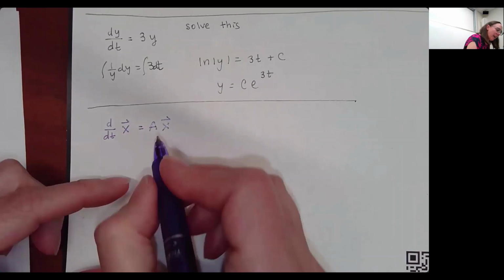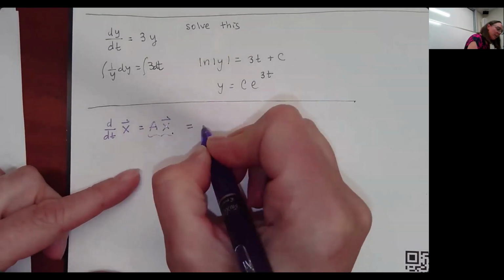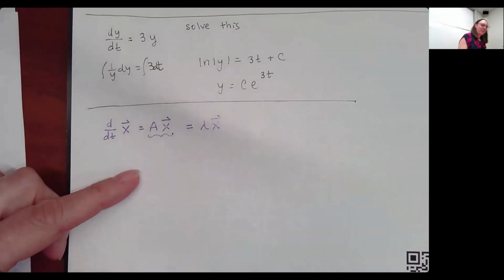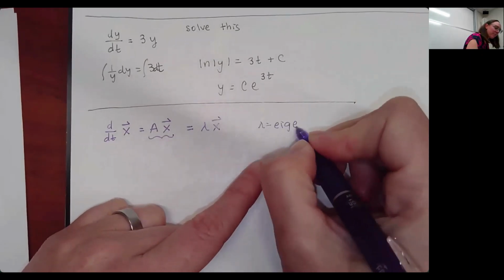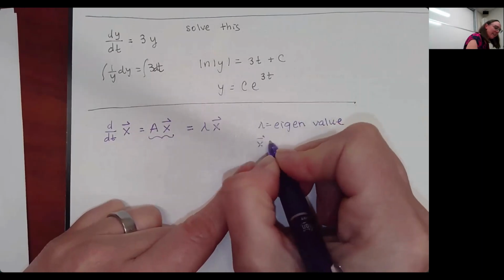And this part is equivalent to lambda times a vector x, as long as lambda is the eigenvalue, and as long as x is an eigenvector.